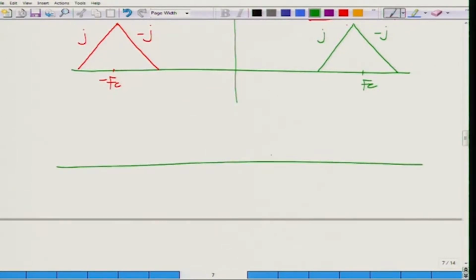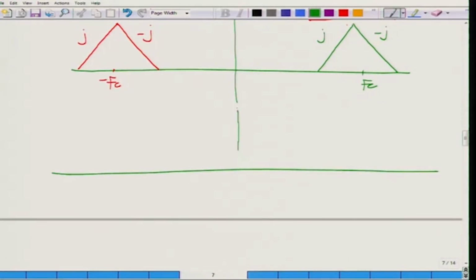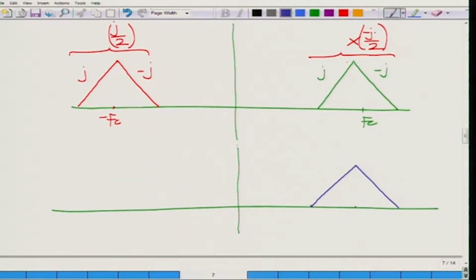Therefore, the net resulting spectrum is given as something like this. The net resulting spectrum will be, well, at f c you will have minus j multiplied by minus j by 2. So, that gives positive band multiplied by minus half, j multiplied by minus j by 2, and the scaling factor is half.